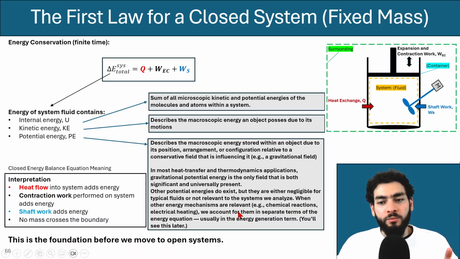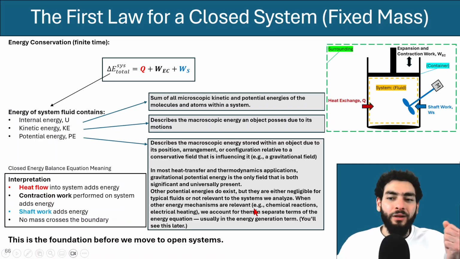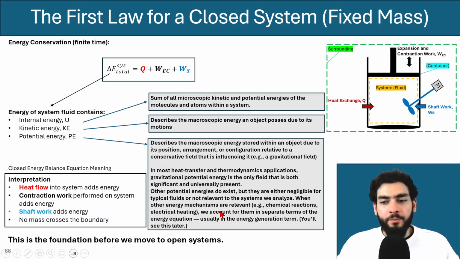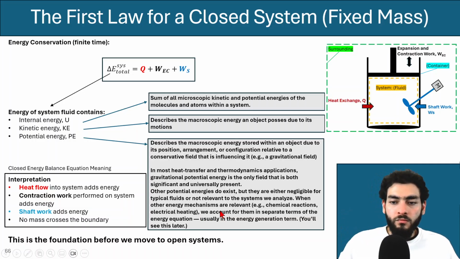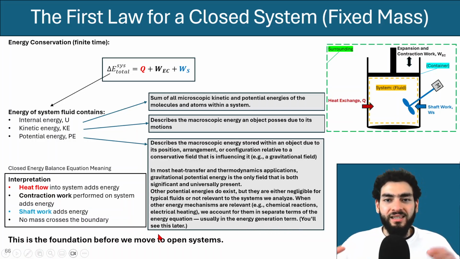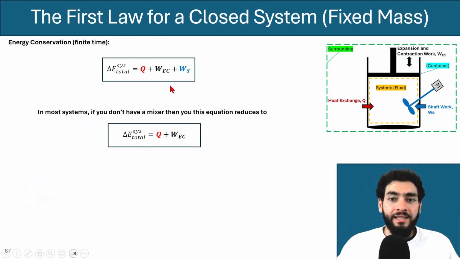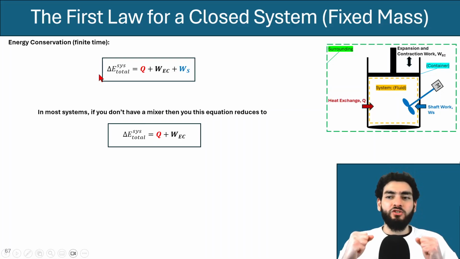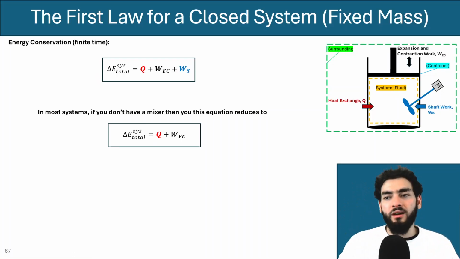When other energy mechanisms are relevant, like chemical reactions, for instance, or electric heating, we account for them in a separate term, usually in the energy generation term, which you will see later. So this is the foundation that we need to understand for a closed system before we can move on to open systems.